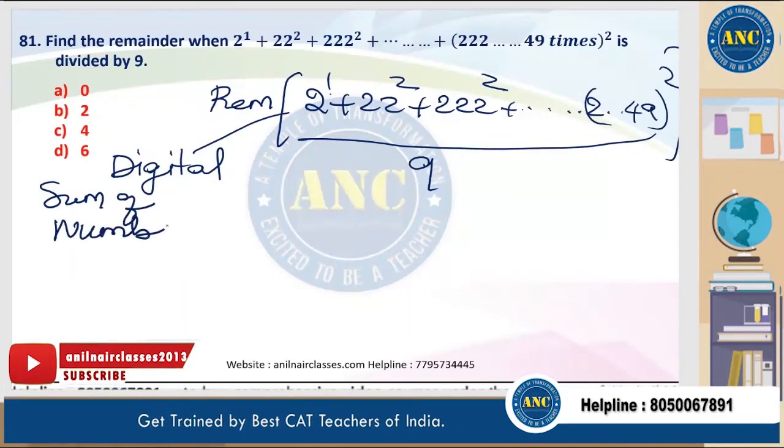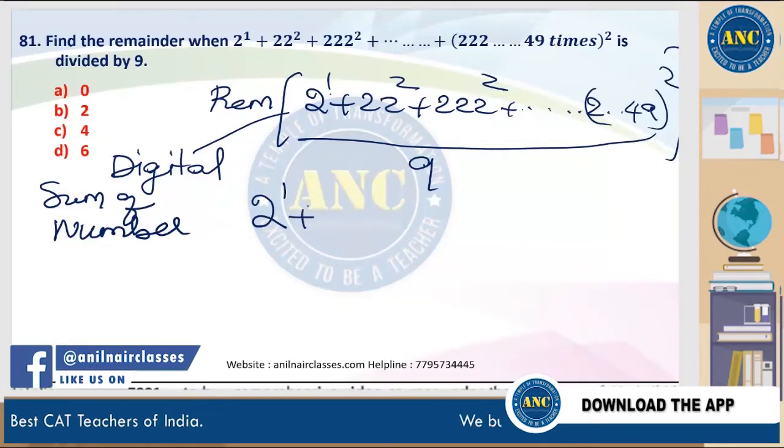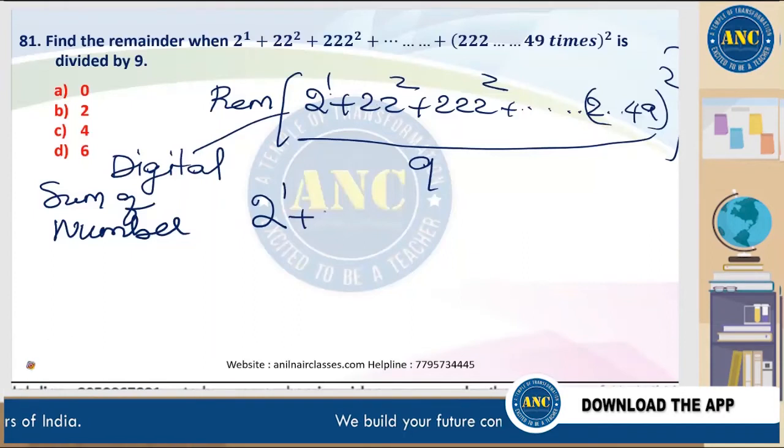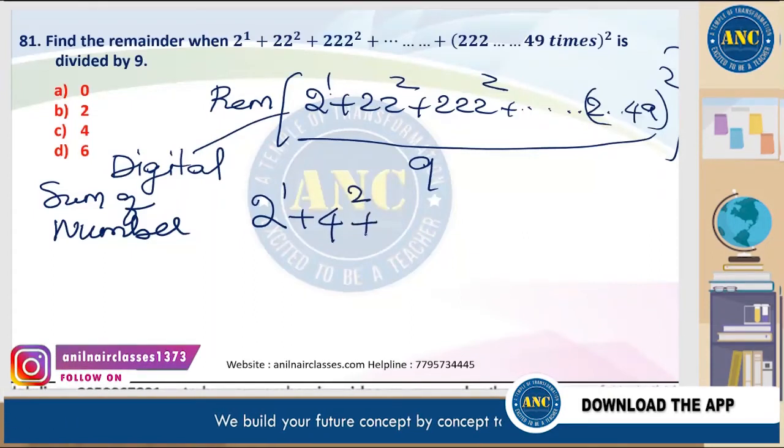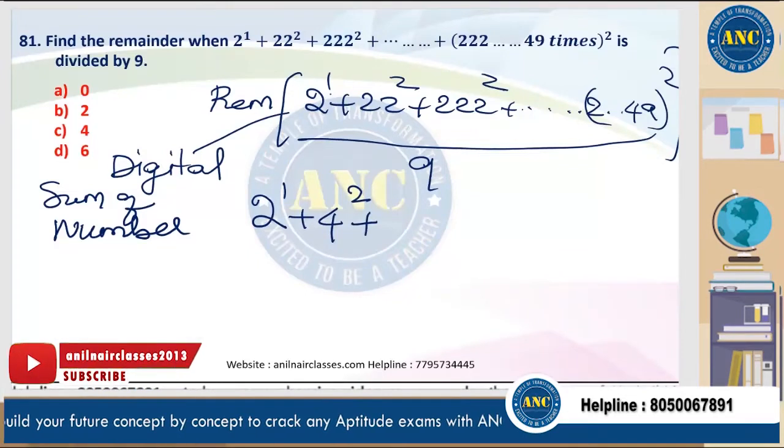What do you mean by digital sum? Sum of the digits. 1 is 2 power 1. Next is 2 plus 2, 4 square.